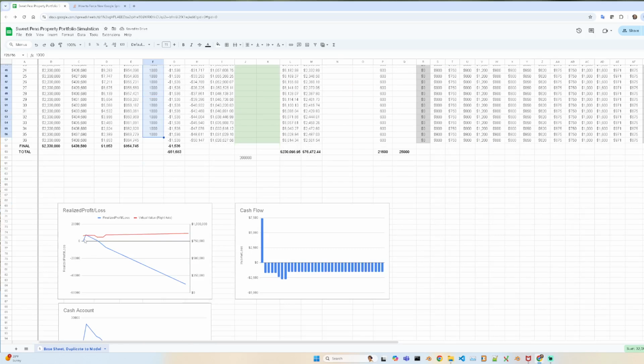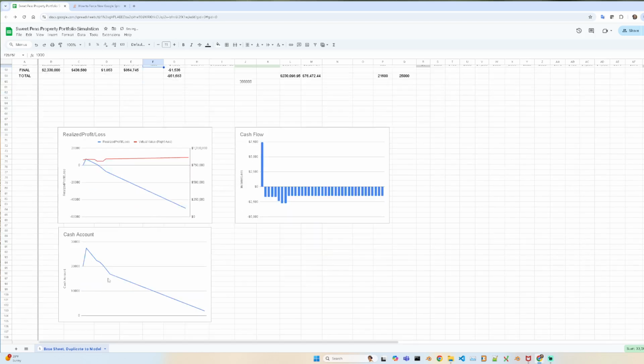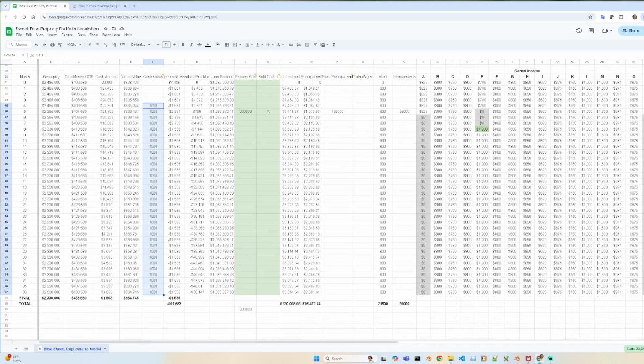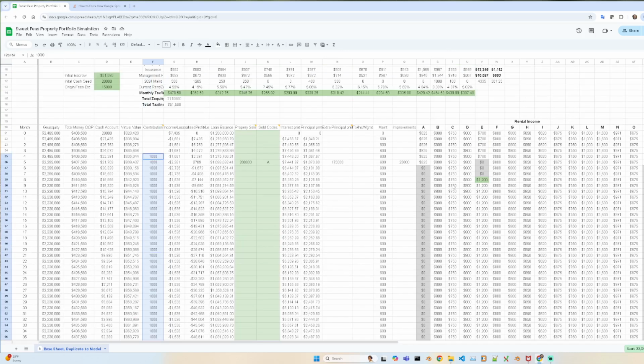So here, yeah, this is our 3-year burn rate. Okay, that's all I got.